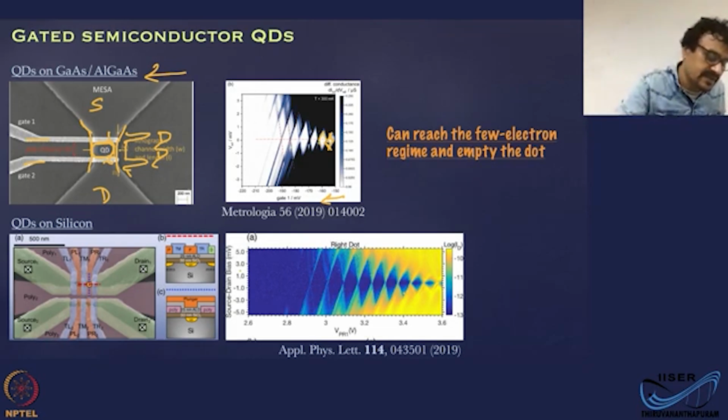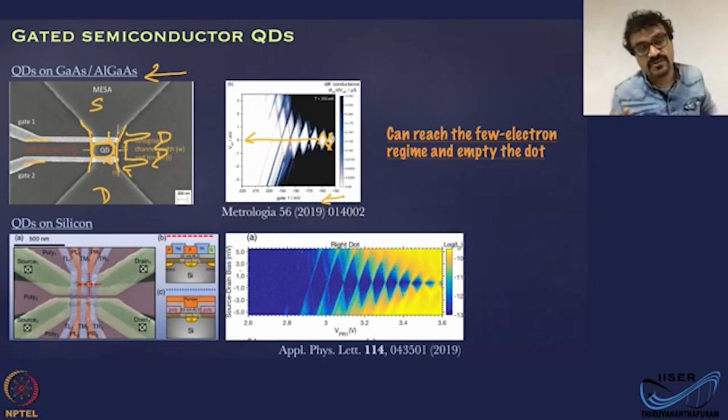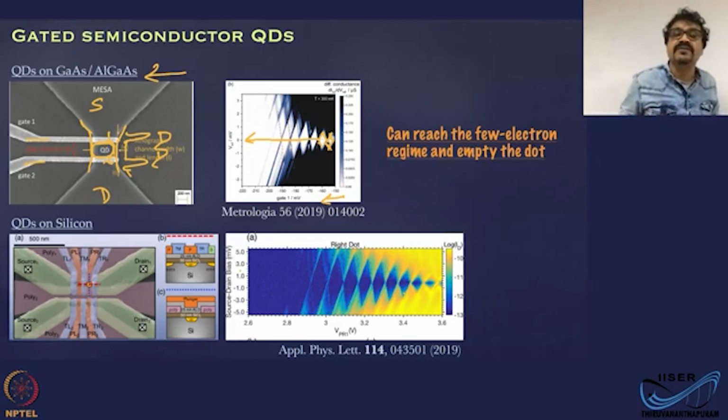That's what is happening. And as you march down, you are successively increasing the size of the diamond, or reducing the size of the dot. But you're also pushing the electrons out through that process, because every diamond has a stable charge configuration. The nearest diamond will have one electron more or less, depending upon which direction you are going.